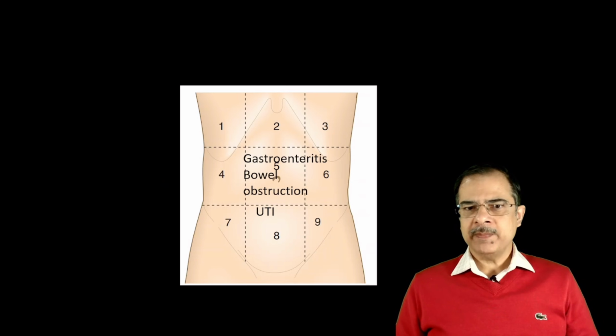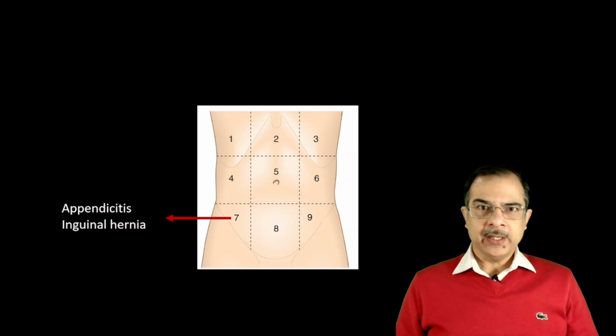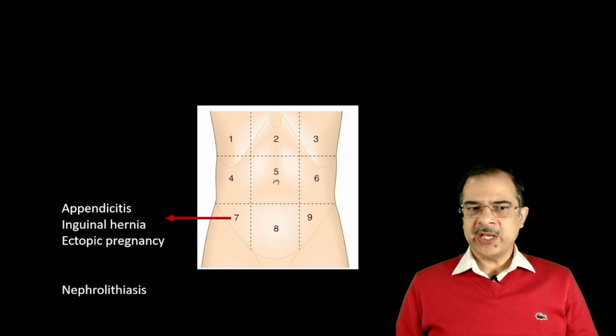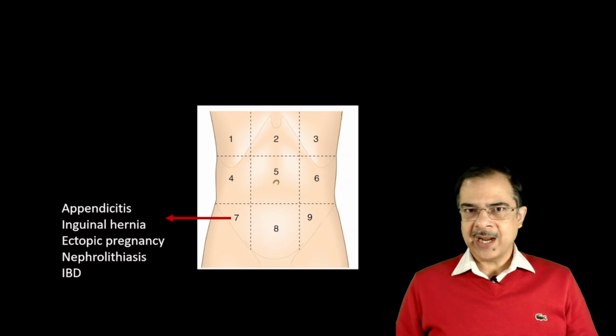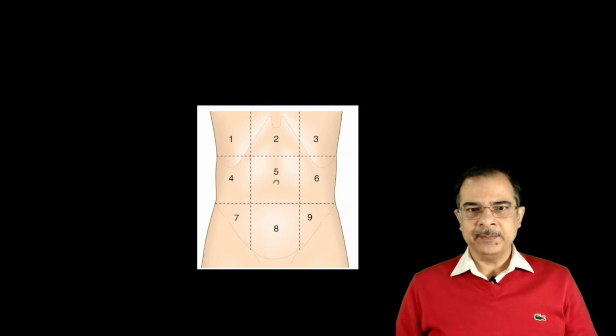Gastroenteritis, bowel obstruction, periumbilical area, UTI, urinary obstruction, suprapubic area. And iliac fossas: appendicitis can be the important cause on the right side, and diverticulitis on the left side. So these are the causes of acute pain.